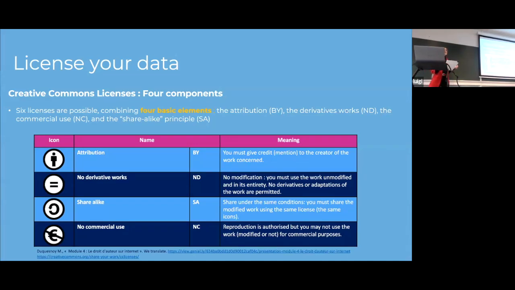Creative Commons licenses are open licenses. An open license is a juridical instrument which complements the copyright. What is it concretely? It's an authorization given by the author to use or to exploit his or her work under defined conditions.